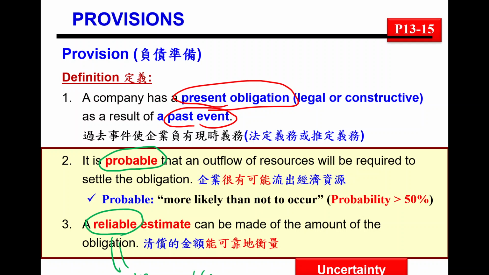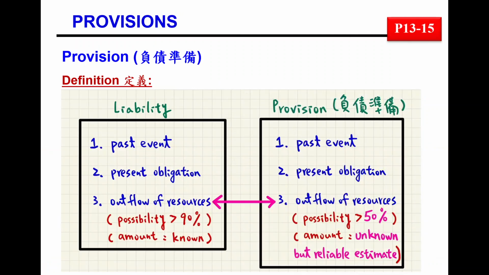So if any condition cannot be met, you don't need to report it on financial statements. So here is the difference. The only difference is for this part, outflow of resources. First one, it should be probable.